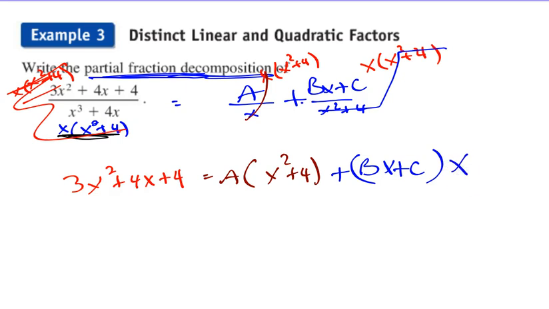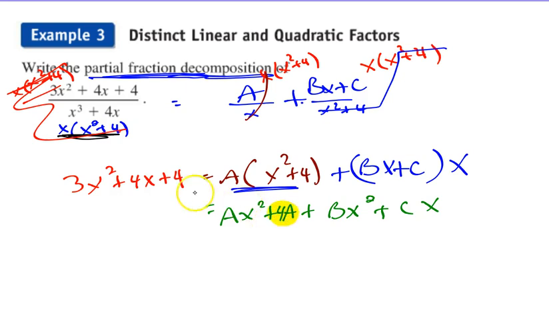So my let strategy that I was using before doesn't work real well with this because it doesn't drop out the A or the B term. So I'm going to show you a one-to-one process that works too. If I just continue multiplying this out, I get Ax squared plus, let's call it 4A, plus Bx squared plus Cx. So I'm going to reorganize this.